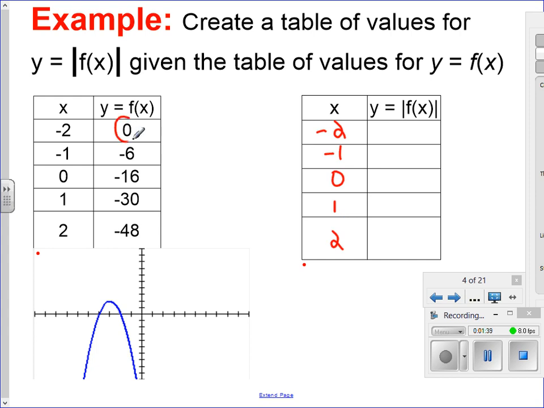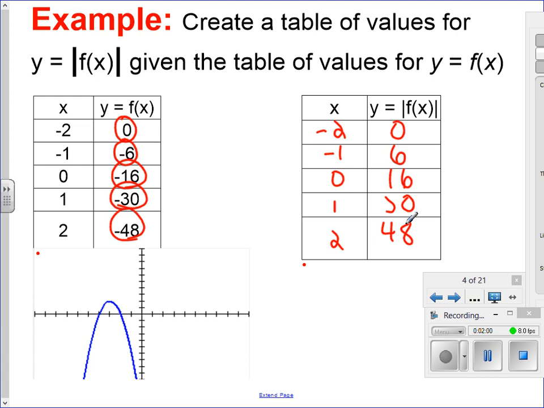So the function had a y value of 0 and the absolute value of 0. The function had a value of -6. The absolute value of that is +6. The function has a value of -16. The absolute value is +16. And I'll do the same thing for my last two values.